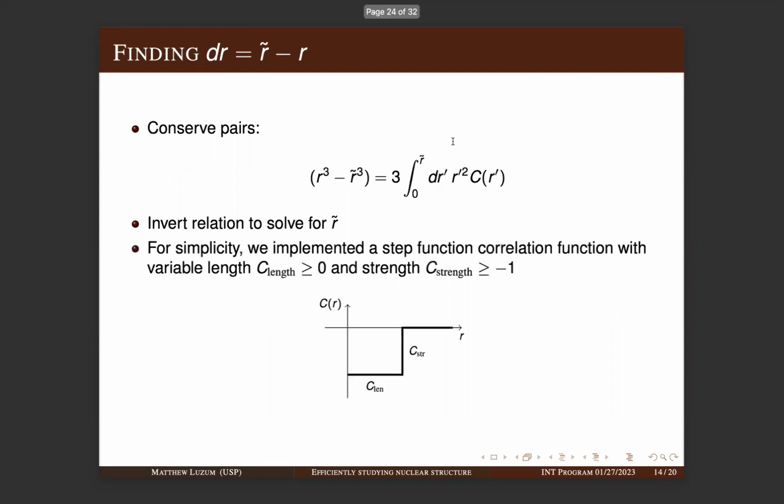For even simpler, we just have this two-parameter step function correlation function that we put in so far, so that you can vary both the length of the correlation, but also the strength. So you can go all the way to full exclusion, which is essentially equivalent to the exclusion radius, but you can also vary it.